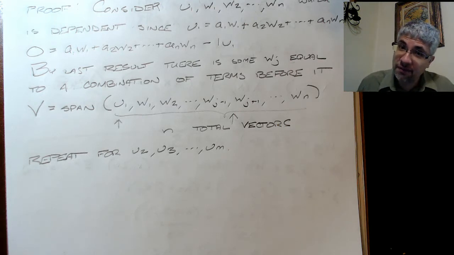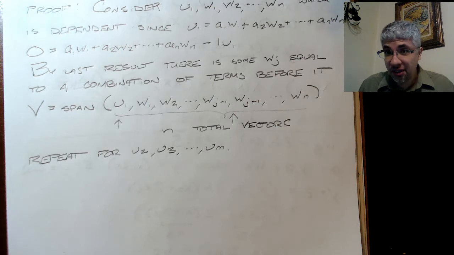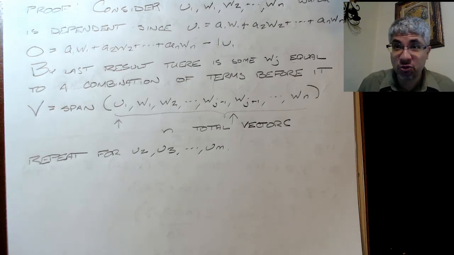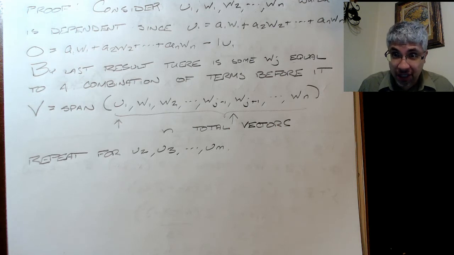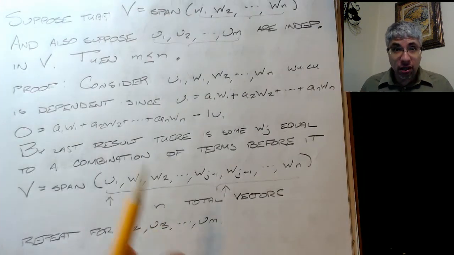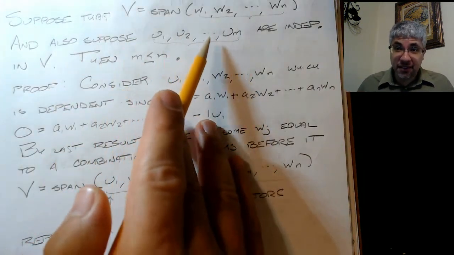I'll tell you why. Because the u's are independent. So we can't write any of the u's as a sum of multiples of the other terms. It has to get rid of a w each time we do this. And that is key. We're using the fact that the u's are independent.